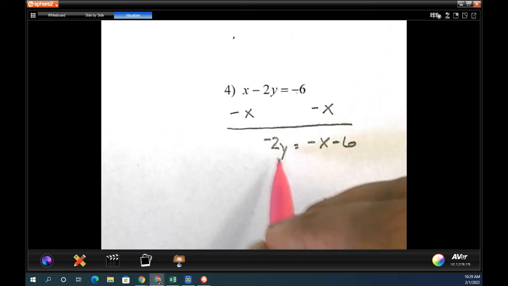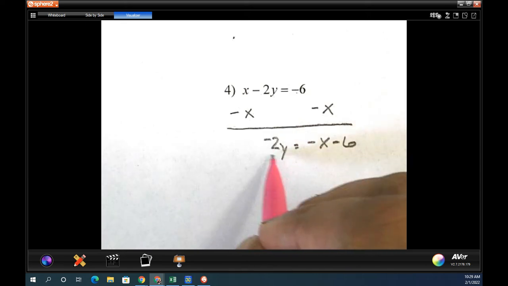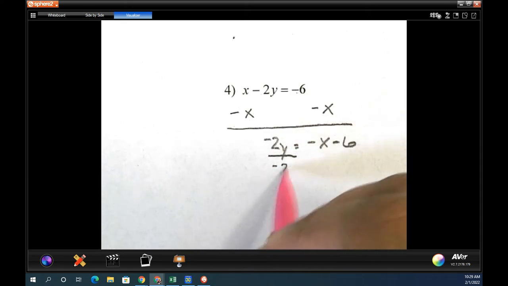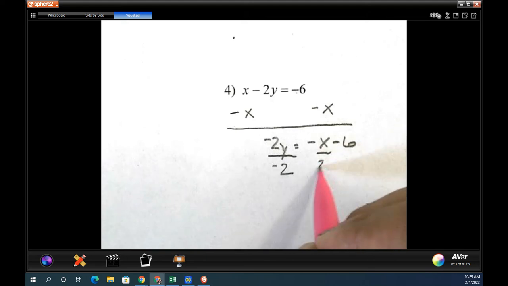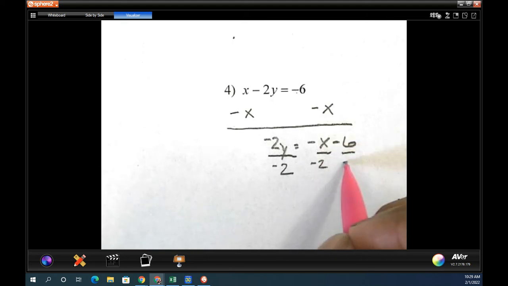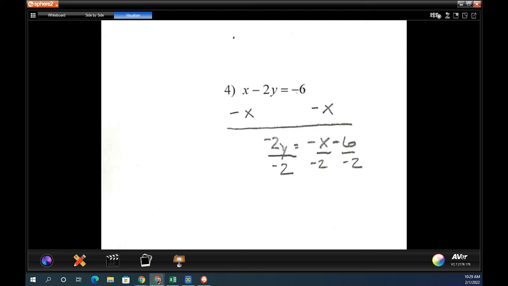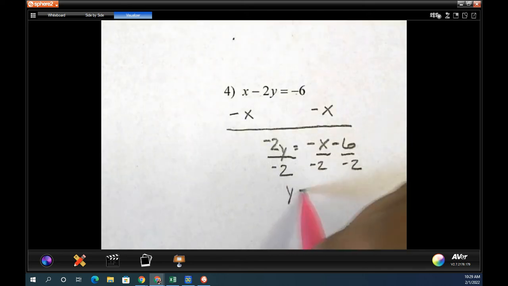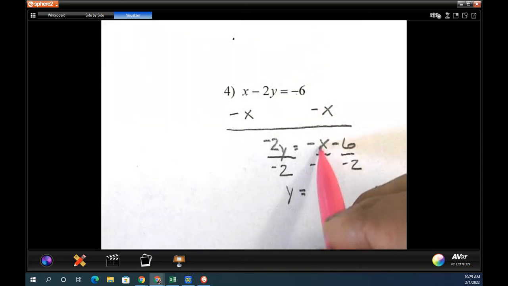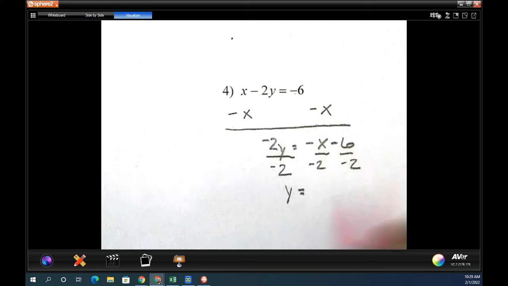Now, divide everything by the coefficient of y, which is negative 2. Okay? Now, you know you're going to have y equals. The coefficient's negative 1. So you have negative 1 over negative 2.